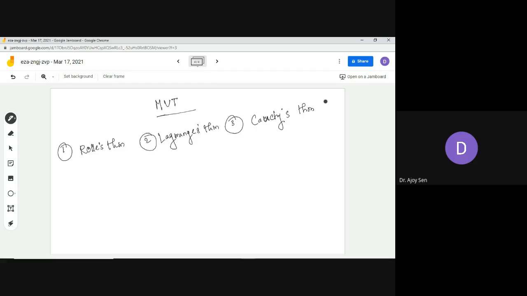These 2 properties are very much important. If a function satisfies these 2 properties, then we can say something. Rolle's theorem comes before Lagrange's theorem, but Lagrange's theorem is more general than Rolle's theorem.